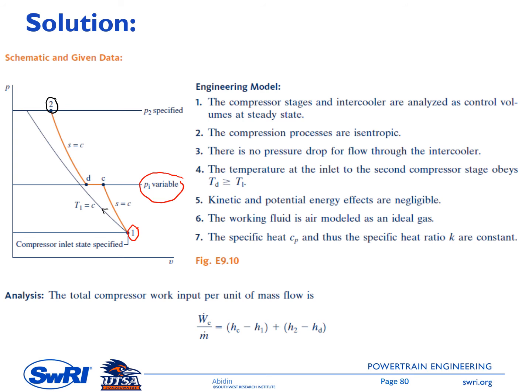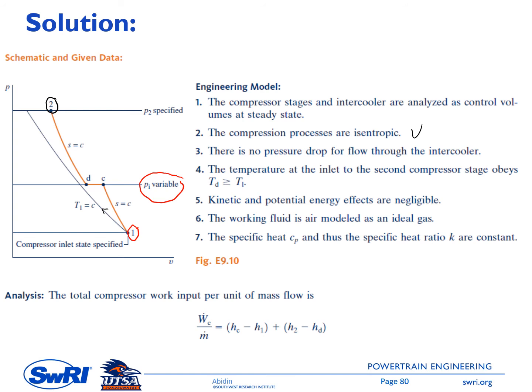Okay, and on the right side is the engineering model of this problem. So the compressor stage and intercooler are analyzed as a control volume at steady state, and the compression processes are isentropic, and there is no pressure drop for flow through the intercooler, and the temperature at the inlet to the second compressor stage obeys Td greater than or equal to T1.